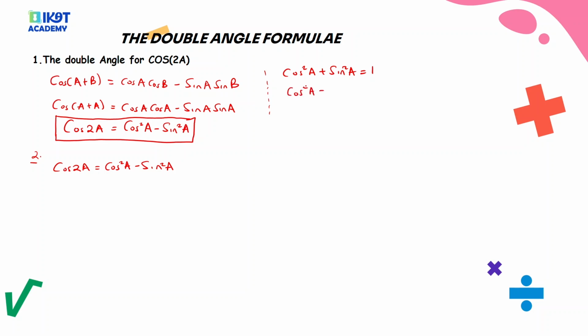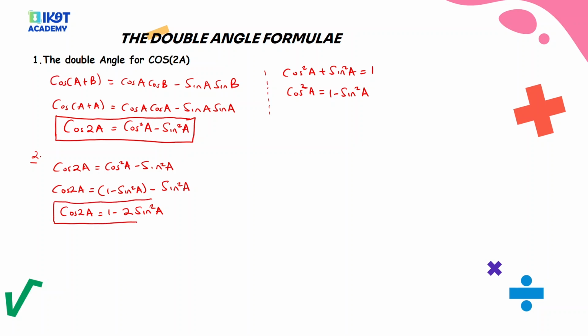So cos squared A is equal to 1 minus sine squared A. So we can say cos 2A would be equal to 1 minus sine squared A minus sine squared A, such that we have cos 2A is equal to 1 minus 2 sine squared A. So this is another version. Now all these equations are very important.